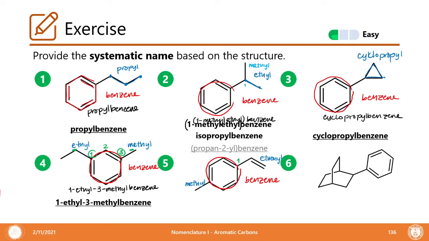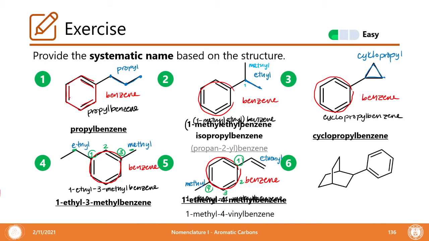So 1, 2, 3, and then 4. So when we write 1 ethenyl, 4 methyl benzene. Okay, so again, 1 ethenyl, 4 methyl benzene.